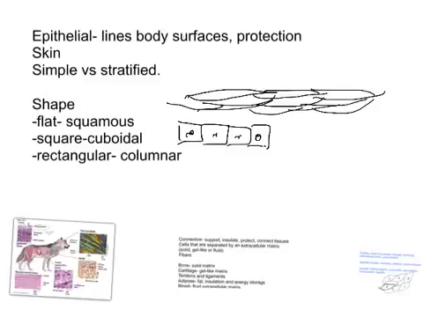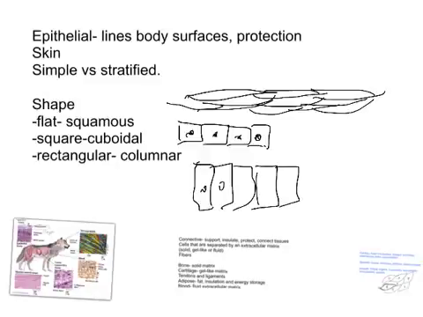Those are supposed to be circles for nuclei. They look like dice. And then finally you have columnar, which look like rectangles standing on one end.